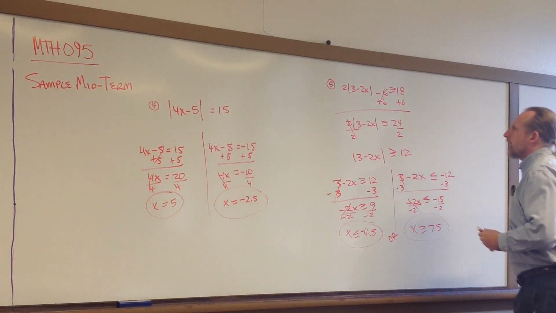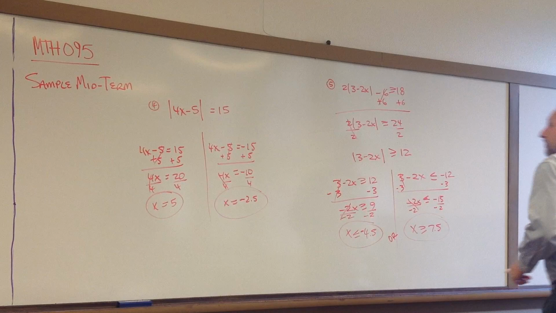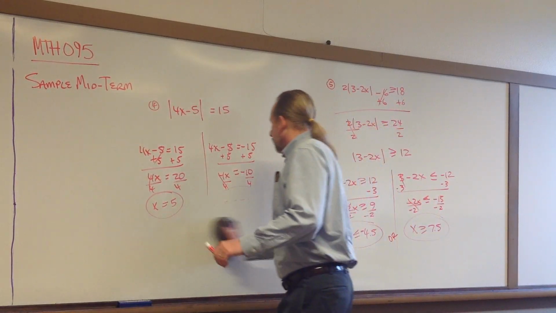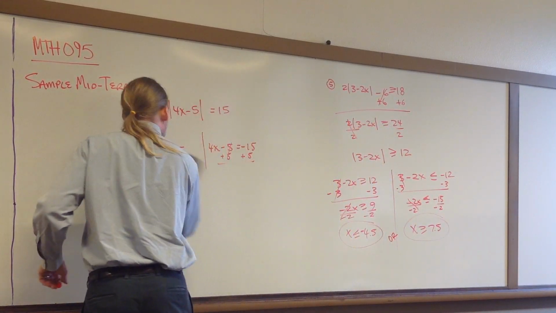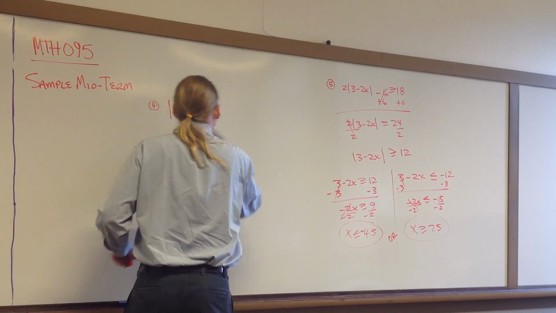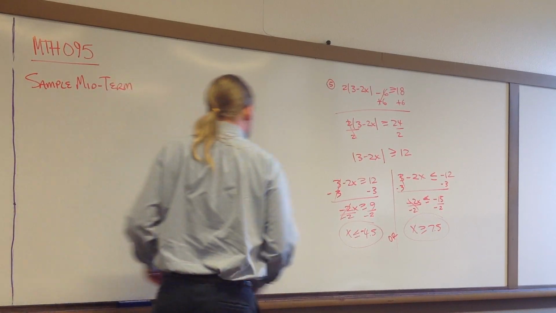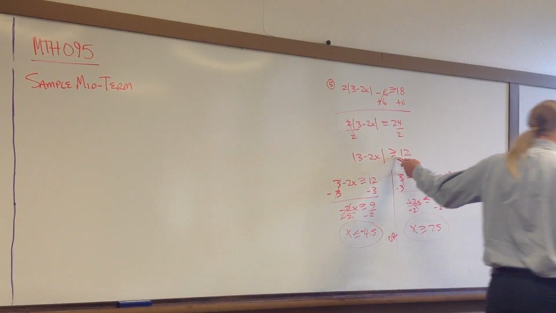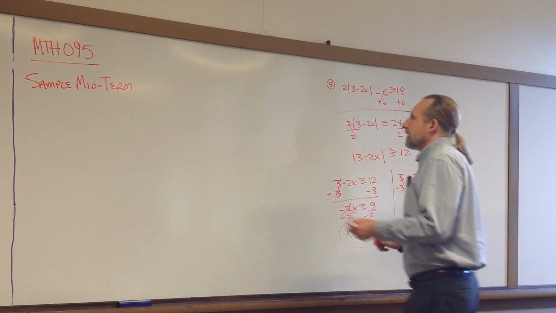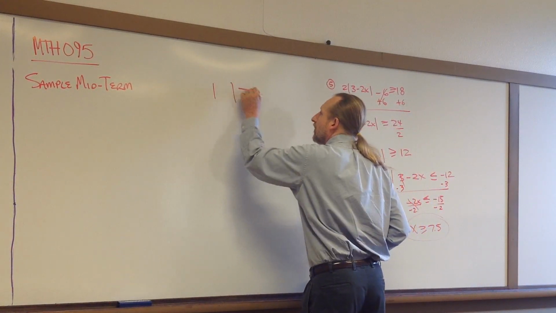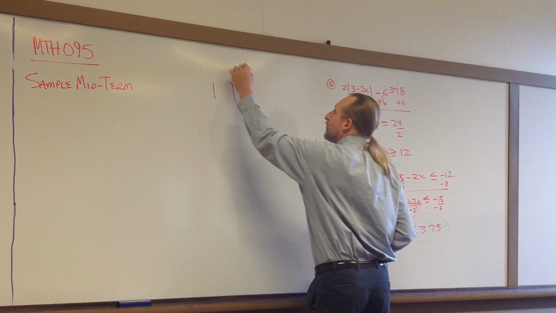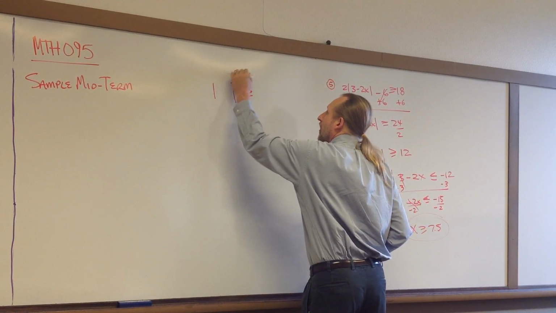I don't know if you need to do this or if you want to do this, but something you can put on your note card is to remind yourself that if you've got an absolute value greater than something, then this will be OR.